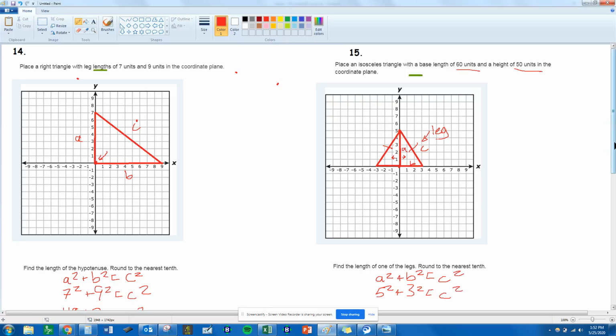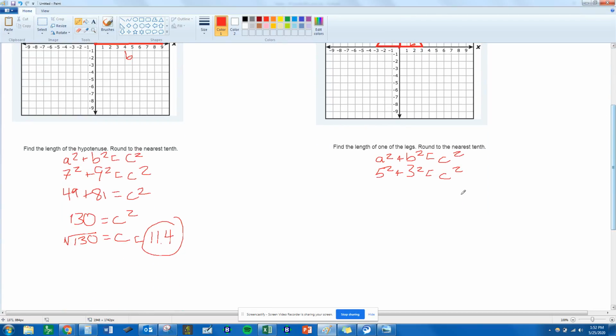And so now I'm just going to solve for that c squared, same way as I did on the other problem. 25 plus 9 equals c squared. That would be 36 equals c squared. And from there, I'm going to take the square root of 36. Oh, sorry, that should be 34. Oops.